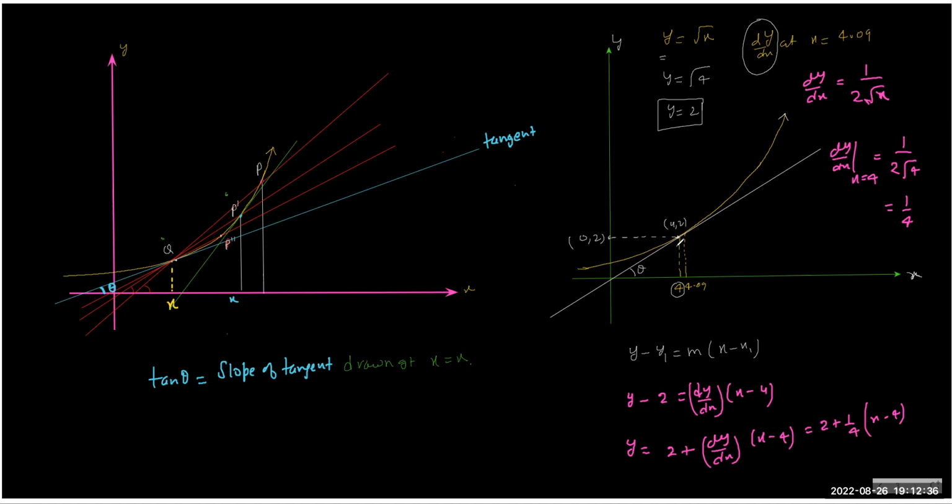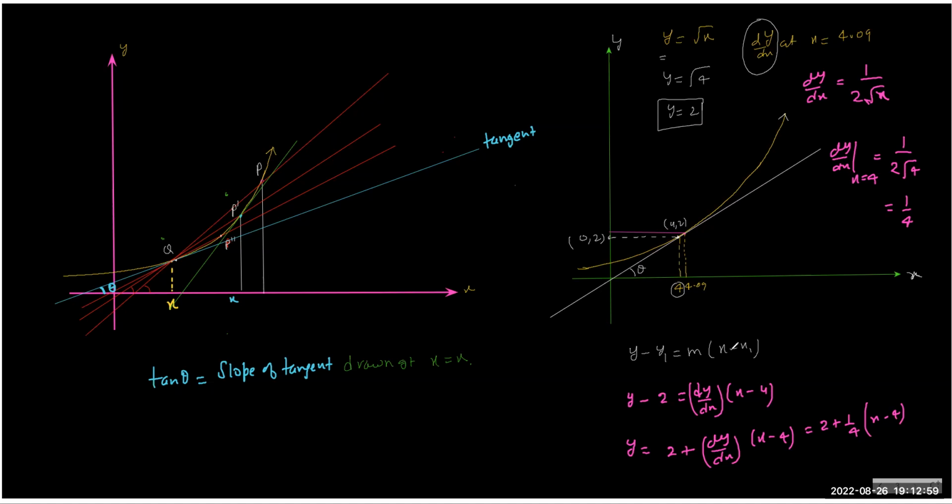Now you want to find the y value on the graph at 4.09. So I'll put x equals 4.09, because I believe that 4.09 is on the actual graph and 4.09 is also on the straight line.